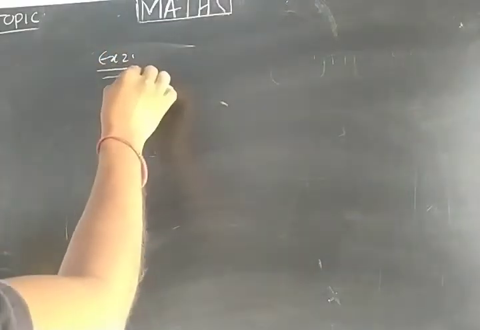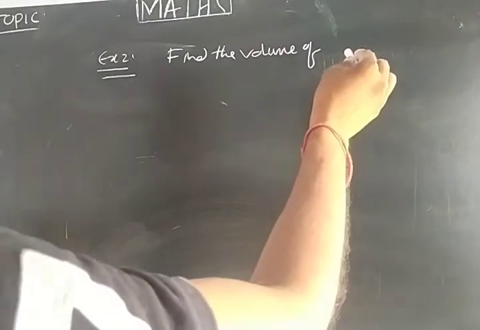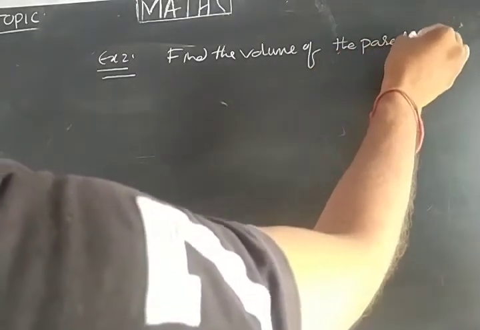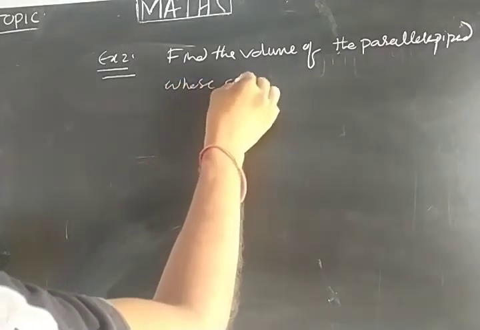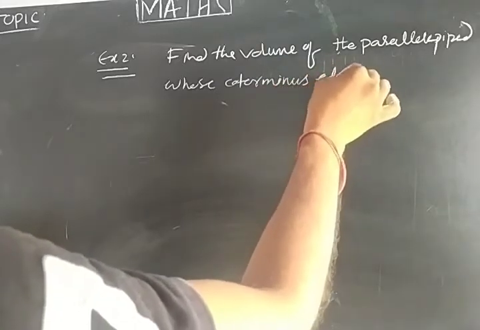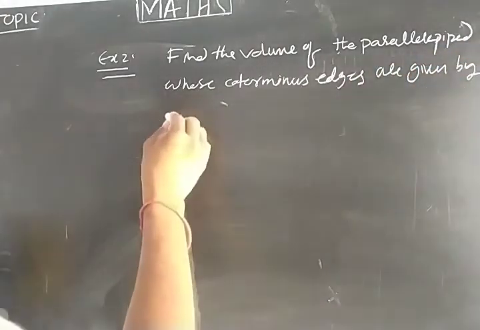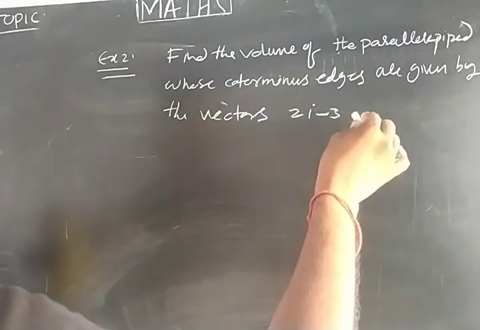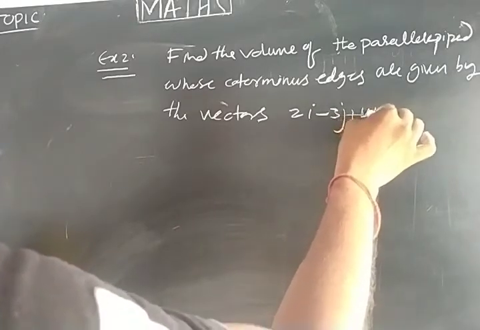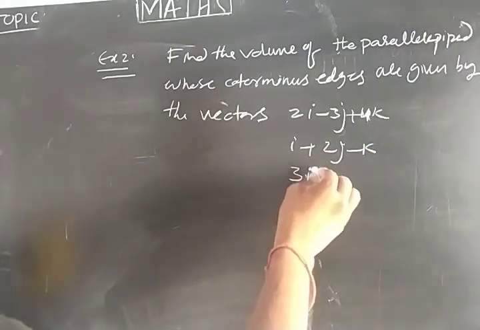Next, example 2. Find the volume of the parallelepiped whose coterminous edges are given by the vectors 2i minus 3j plus 4k, another one i plus 2j minus k, and the next one 3i minus j plus 2k.